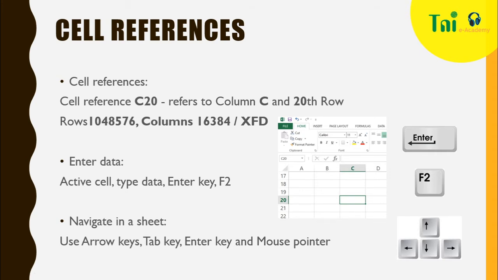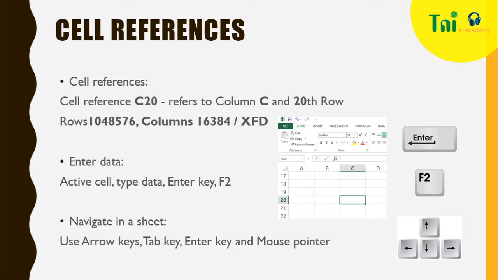Excel comprises of thousands of rows and columns. When you scroll this down in a sheet, you can find 10,48,576 rows and columns in the form of XFD, that is 16,384 columns. While entering data, you can start typing and the entered information will appear in the active cell.